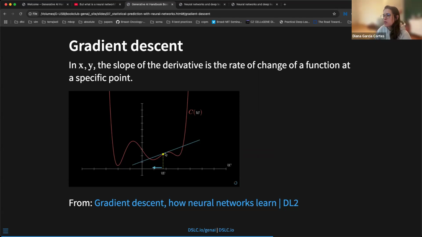And one way to find those minimums will be to take the slope of the derivative, because the slope of the derivative is going to tell us the rate of change of our function at a specific point. So that's in 2D.